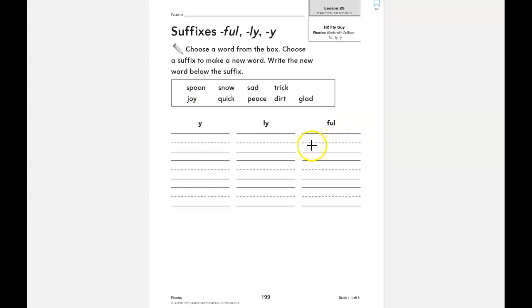So I will write the word spoon in the blank and add my suffix of full to make the word spoonful. When I am done, I can cross out the word from the box. I will only use each word one time.